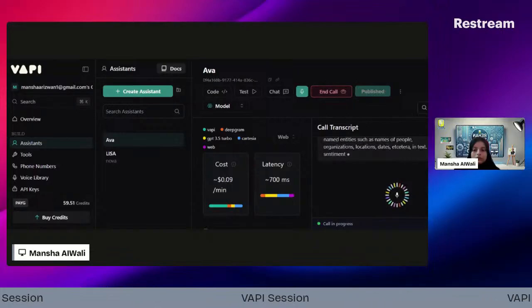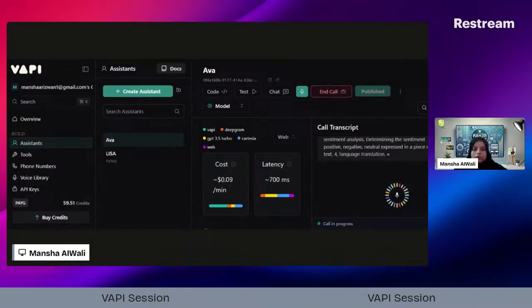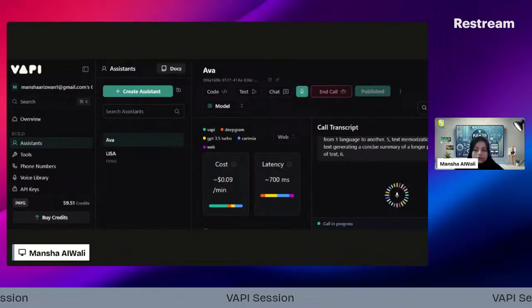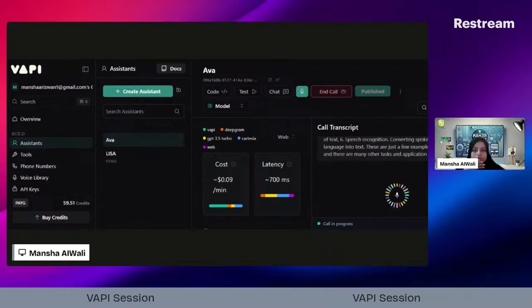Sentiment analysis, determining the sentiment, positive, negative, neutral, expressed in a piece of text. 4. Language translation, translating text from one language to another. 5. Text summarization, generating a concise summary of a longer piece of text. 6. Speech recognition, converting spoken language into text. These are just a few examples, and there are many other tasks and applications in the field of NLP.